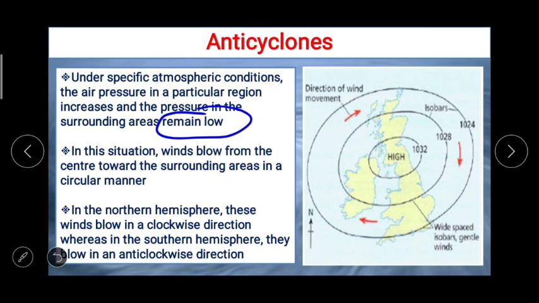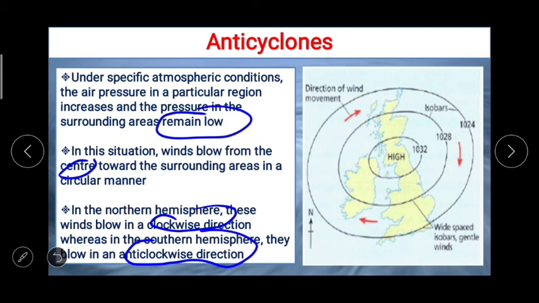So in this situation, winds blow from the center towards the surrounding areas in a circular manner. And in the northern hemisphere, these winds blow in a clockwise direction, whereas in the southern hemisphere they blow in an anti-clockwise direction.